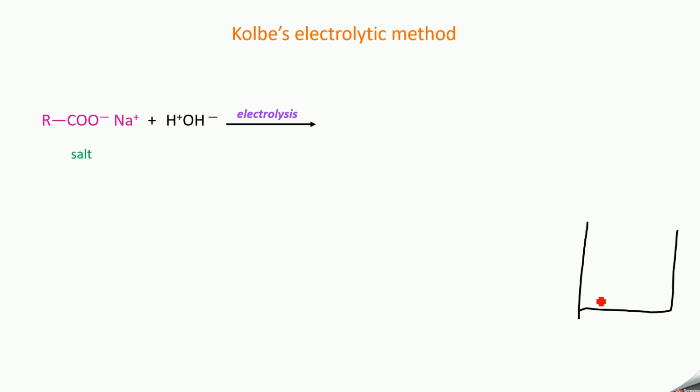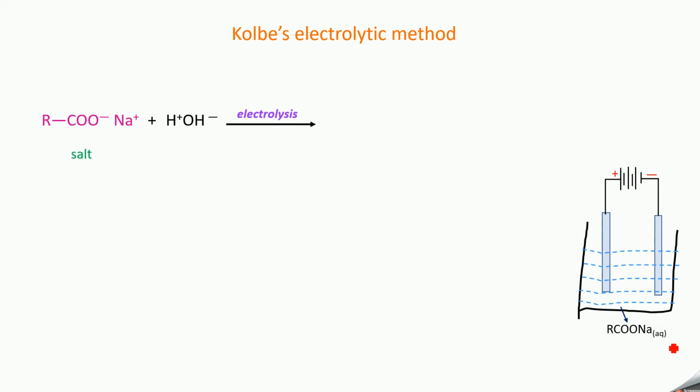Electrolysis means you take a beaker containing 2 electrodes, and these 2 rods are connected to the positive and negative terminals of a battery. The solution is the aqueous solution of the sodium salt of the acid, and this acts as an electrolyte, and these rods are electrodes. When it is connected to a battery, the current will pass through the solution and the following reaction will take place.